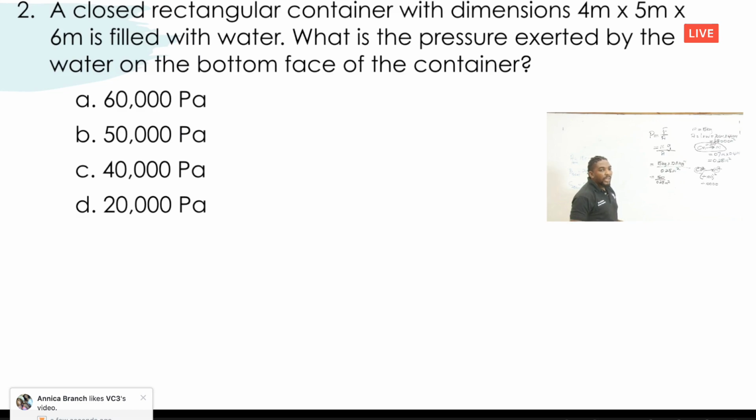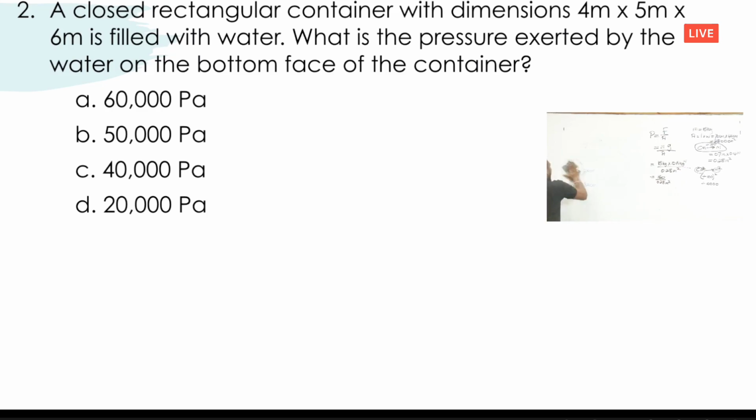Number 2. It says a closed rectangular container with dimensions 4 meters by 5 meters by 6 meters is filled with water. What is the pressure exerted by the water on the bottom face of the container? So read that question again and see what the main thing it's asking for is. Good?